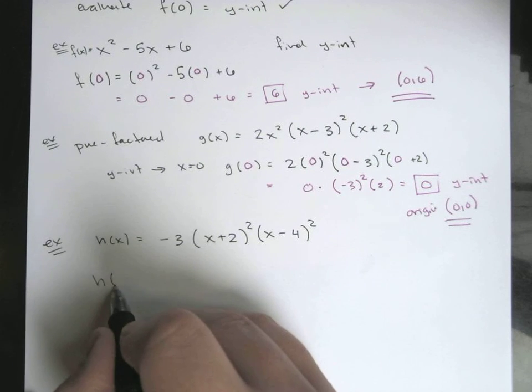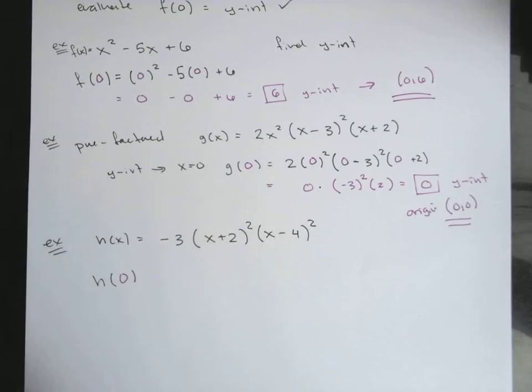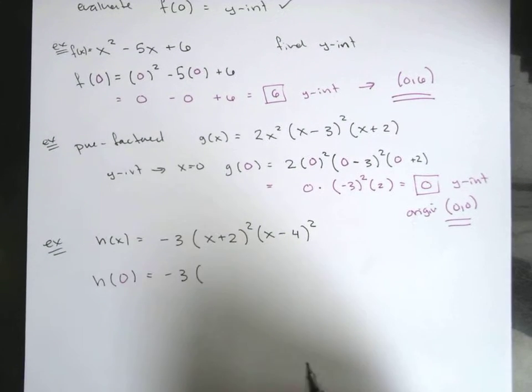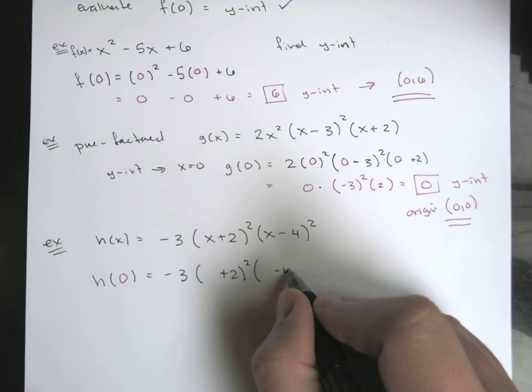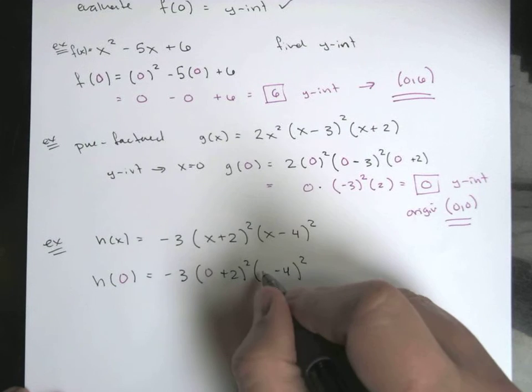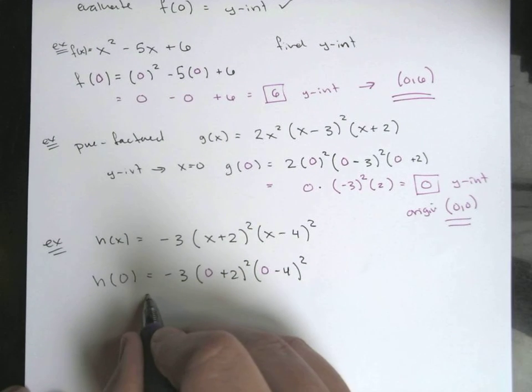So if we sub in x equals 0, what's going to happen? So the 0 is going in for the x. I'm partially realizing we're going to get a big number here, but that's okay.